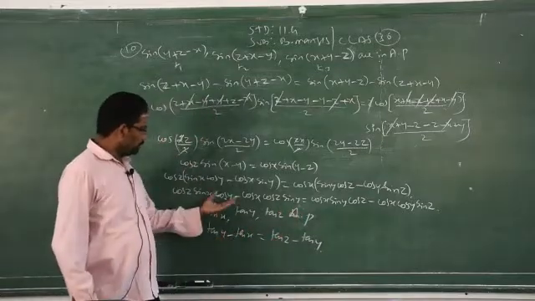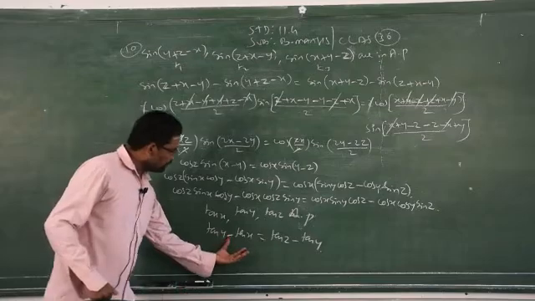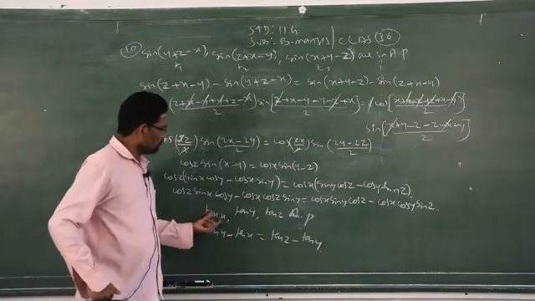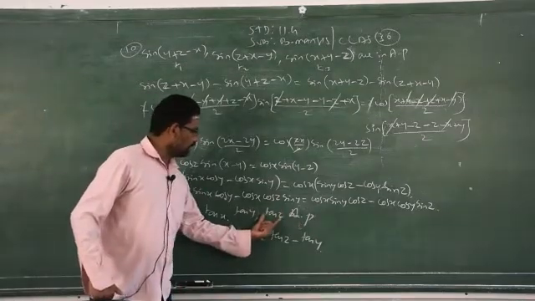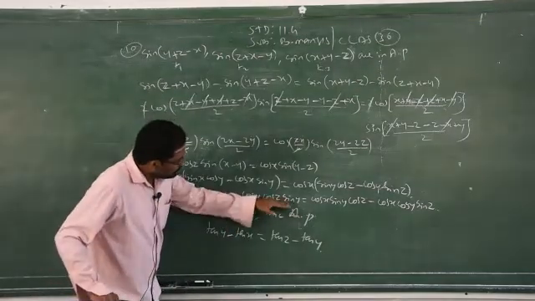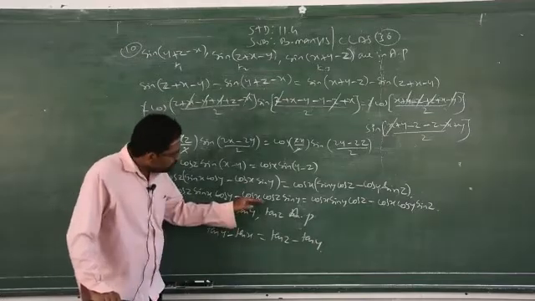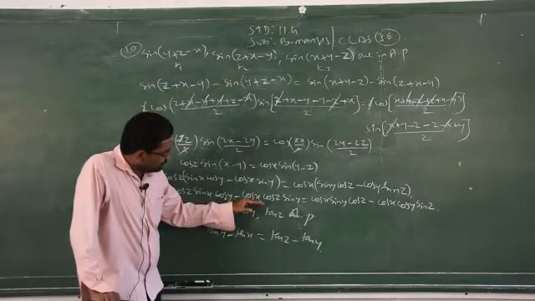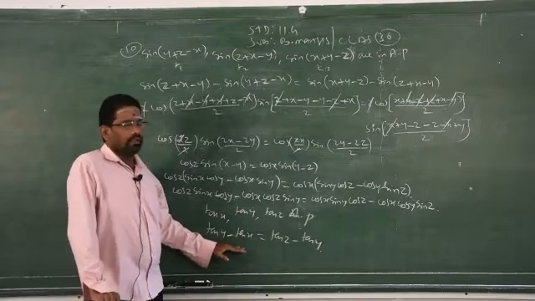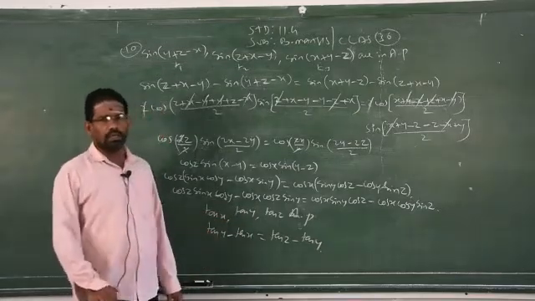If you bring this equation in this format, then you can say tan x, tan y, tan z are in AP. So your aim is to bring this equation in this format. Once you do that, you can say easily that tan x, tan y, tan z are in AP.